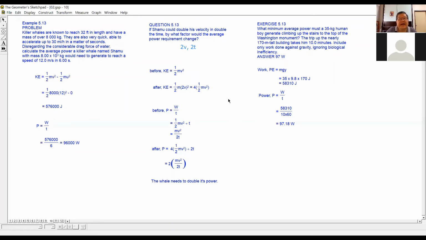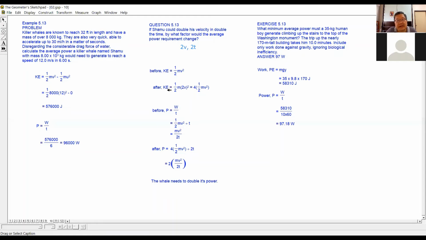But in the second case, the velocity is double. So we can no longer use v here. So half m, instead of using v, we use 2v because the velocity is double. So when you square the 2v, it becomes 4.